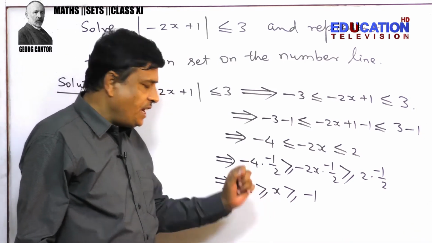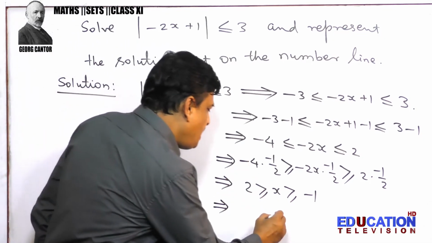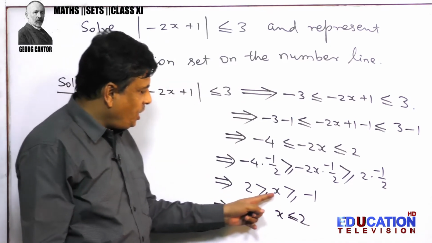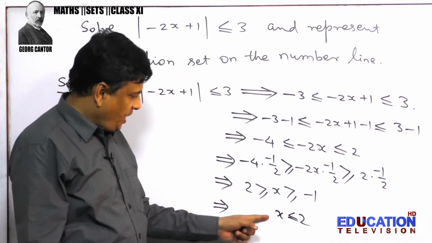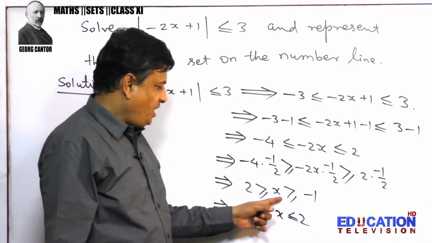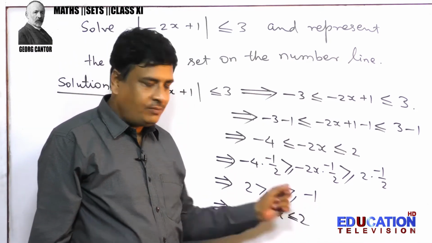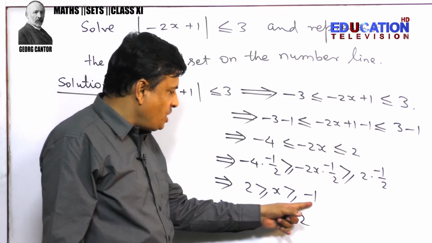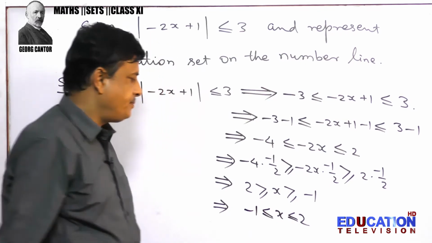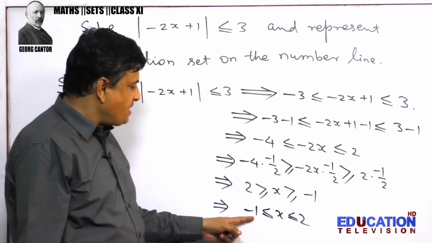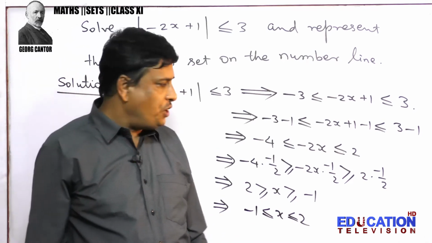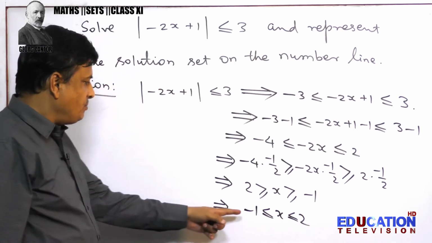Two is greater than or equal to x, or we can say x is less or equal to 2, both are the same. X is greater or equal to minus 1, or minus 1 is less or equal to x. So the value of x lies from minus 1 to 2, including minus 1 and 2.